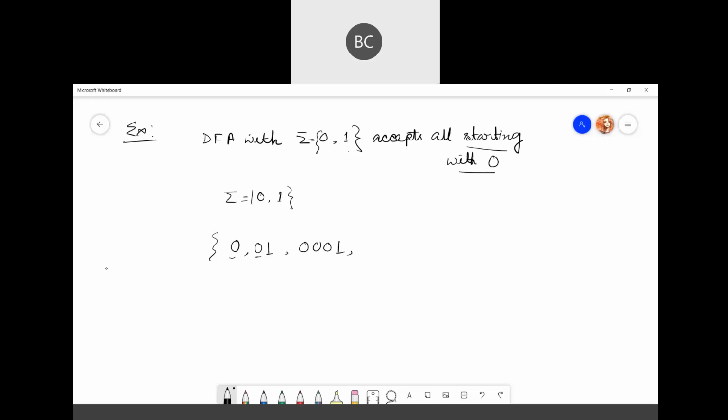Okay. It is also possible you can write 0, 1, 0. It is also accepted, starting with 0. You can also write 0, 1, 1, 0, 1. This is also accepted because it starts with 0. So tell me if this string is accepted by the DFA: 1, 0.